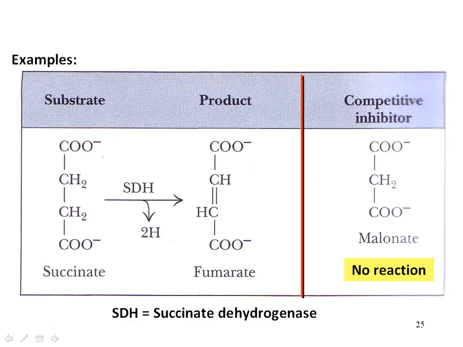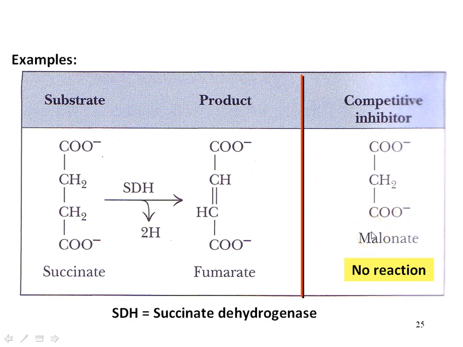We can now give a couple of examples of competitive inhibitors. The first example is the case of succinate and malonate. Succinate is converted to fumarate under the catalysis of the succinate dehydrogenase enzyme. The enzyme dehydrogenates these two methylene groups to form a double bond between them in the fumarate. The malonate has large structural similarity to succinate.